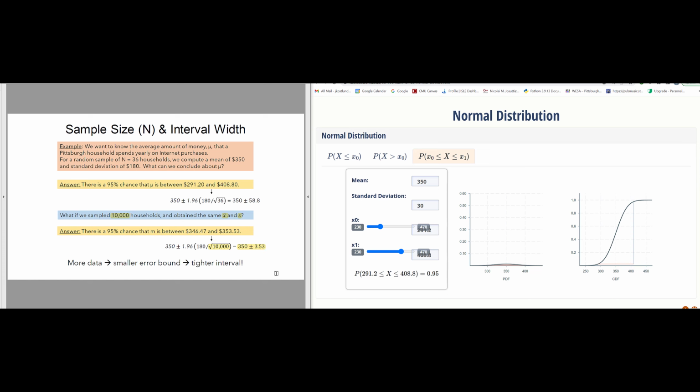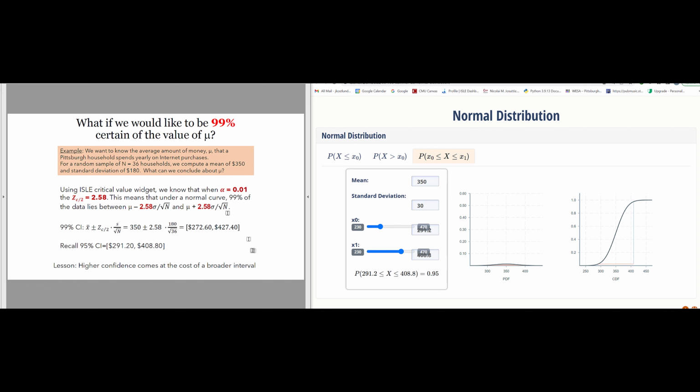So now we would say that there is a 95% chance the true population mean falls between 350 minus 3.53 and 350 plus 3.53. Right? So collecting more data is a good idea. It gives you a much narrower error bound, in other words, a tighter confidence interval.